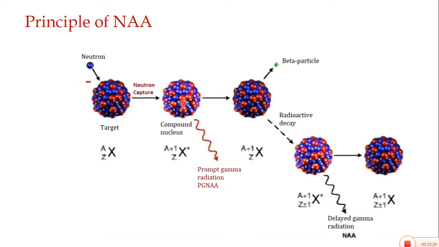After it gives prompt gamma radiation, because the mass has increased by 1 unit and the neutron is in excess inside the nucleus, it will decay through beta particle emission. How does beta particle emission take place? A neutron degenerates into one beta particle, a proton and an antineutrino.